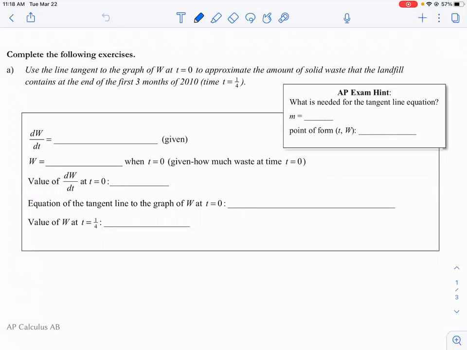Okay, so dW/dt is 1/25 (W minus 300). Okay, that is our dW/dt. Oh, there's parentheses there. Okay. When time is 0, what is W?